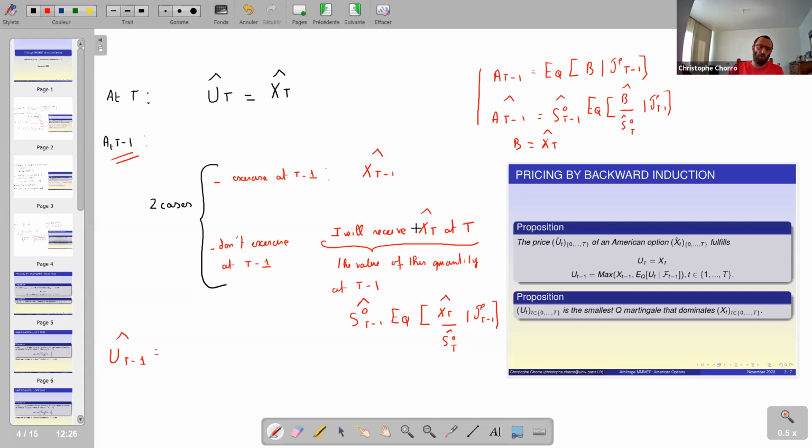From the point of view of the seller, you can't sell for less than the maximum of the two quantities. So the price will be exactly the maximum between these two quantities. The price at time T minus 1 is this one.